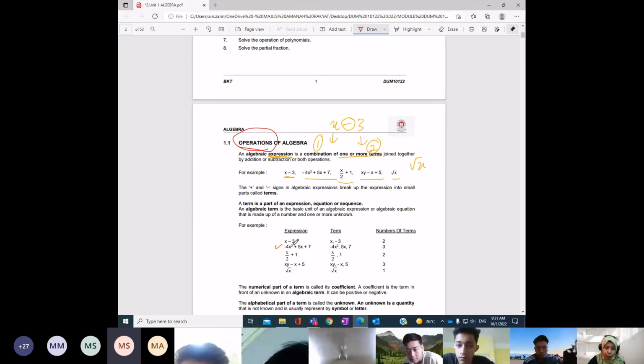So if we look at the terms involved, satu yang ni, satu yang ni. Sebab yang separate one term from another term adalah operasi yang ada. So here we have 3 terms.